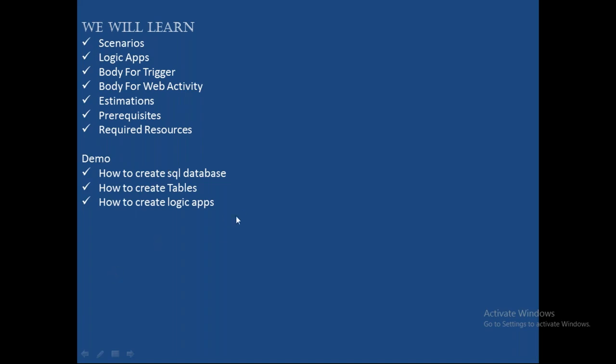I'm going to show you how you can create Logic App and how to create the blob storage. Once I copy data from SQL database to the blob storage, if it succeeded, I'm going to send a success notification by using Logic App. If it fails, I'm going to send a failure notification by using Logic App.